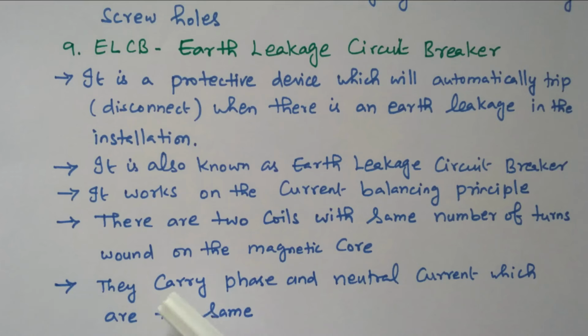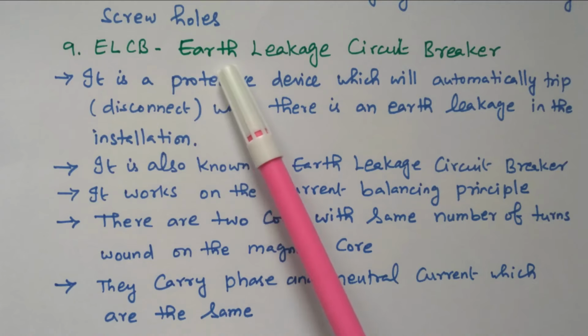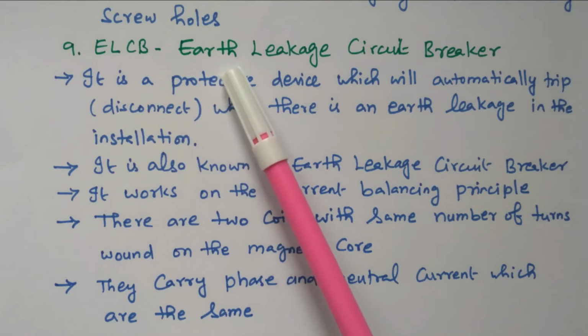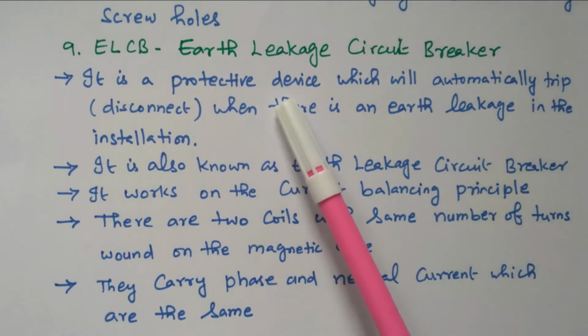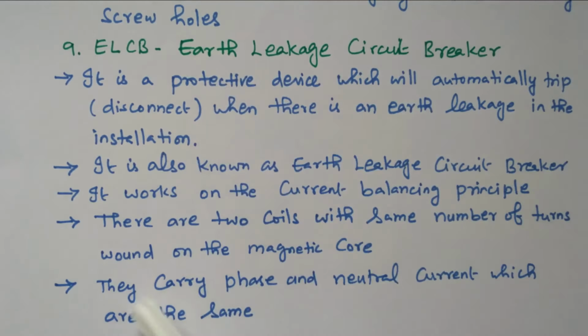We already discussed the fuse or MCB, which is used when excess current is flowing through the equipment. This one is used for earth leakage. If any earth leakage is there, this circuit breaker will protect the equipment by tripping, or by disconnecting. It is also known as earth leakage circuit breaker.